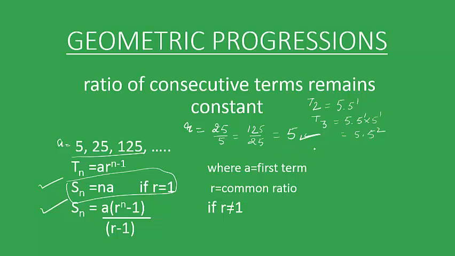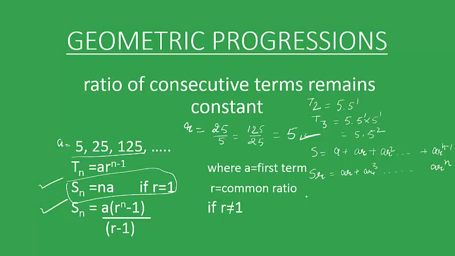The series is given by S equals a plus ar plus ar square and so on till the nth term, that is a into r raised to the power n minus 1. To calculate it, let's multiply this whole series by r. So we obtain rS equals ar plus ar square and so on till ar to the power n.